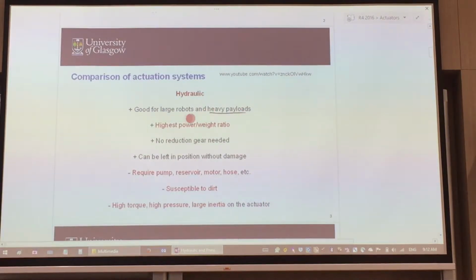So heavy payload, large system, the highest power ratio. And last week we were talking about the reduction gear. Hydraulics does not require a reduction gear.